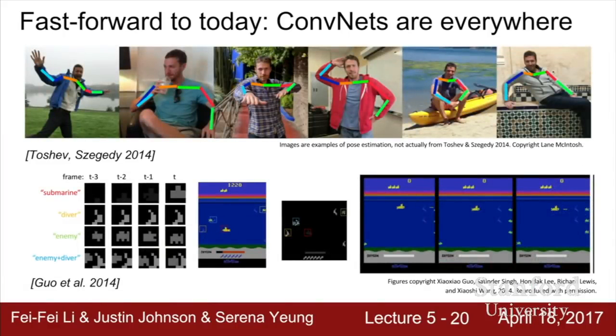We're also able to do pose recognition, being able to recognize shoulders, elbows, and different joints. Here are some images of our fabulous TA Lane in various kinds of pretty non-standard human poses, but ConvNets are able to do a pretty good job of pose recognition these days.